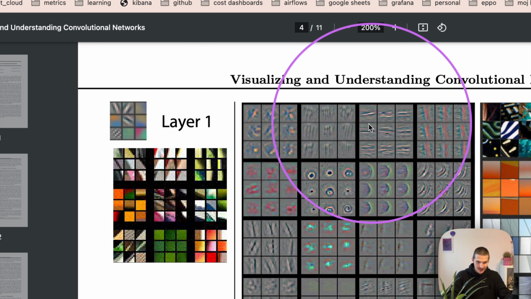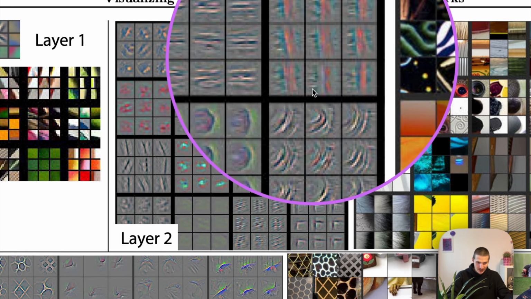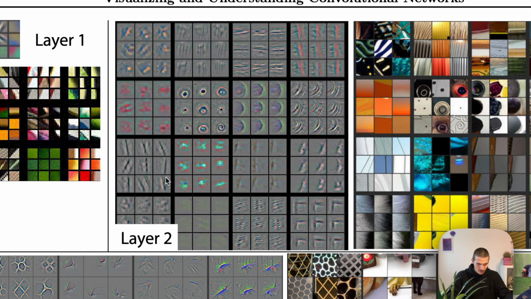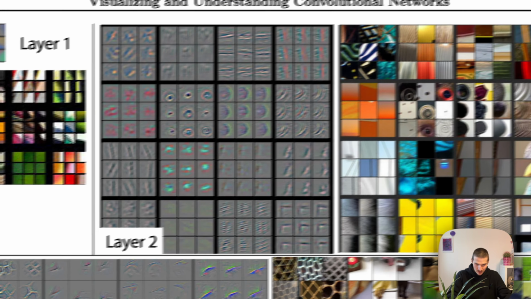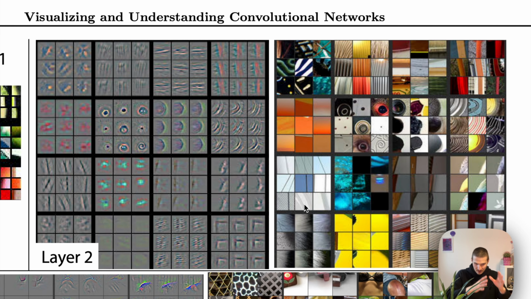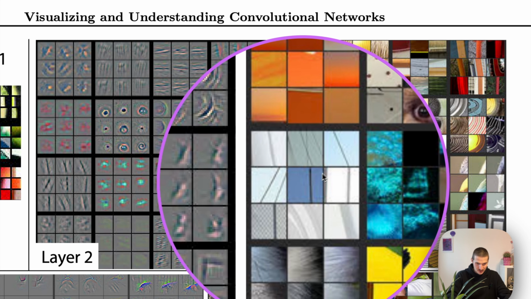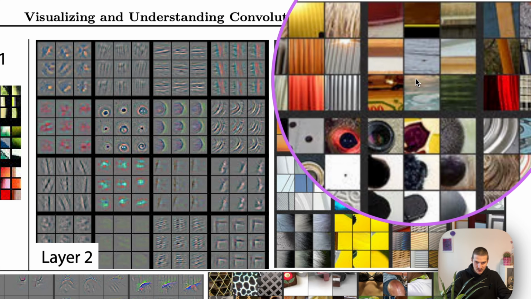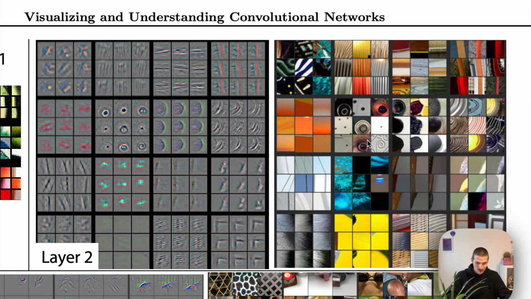And then for the second layer, we see some more interesting patterns like circles, maybe some grid patterns and so on. And to the right, we can see the patches from the original image that caused this activation. So just ridges, edges, circles.